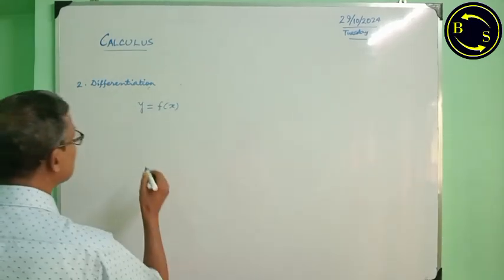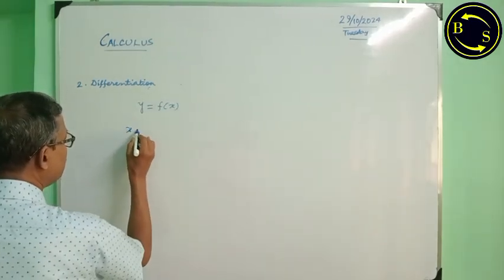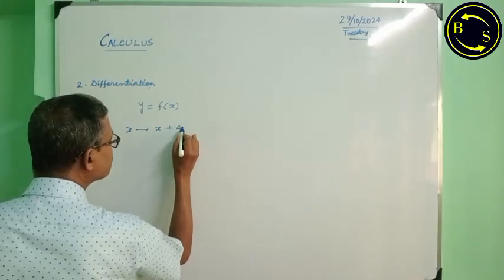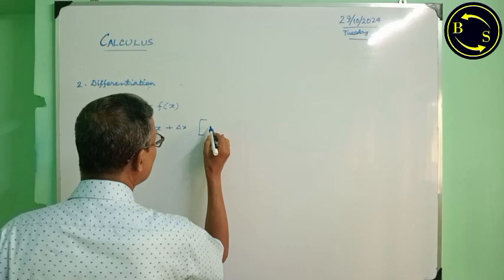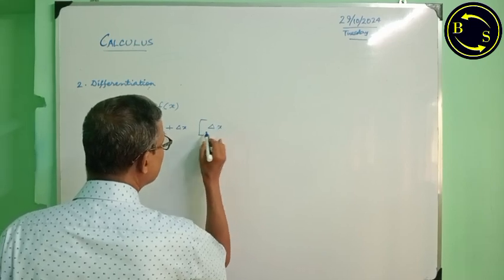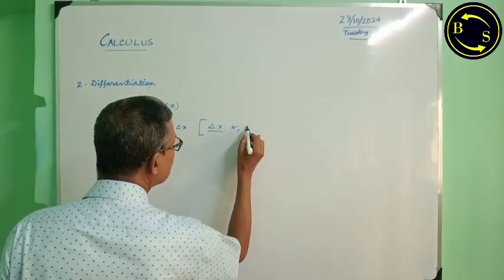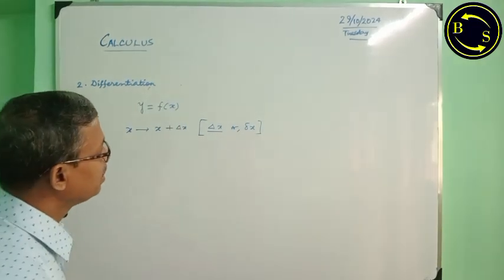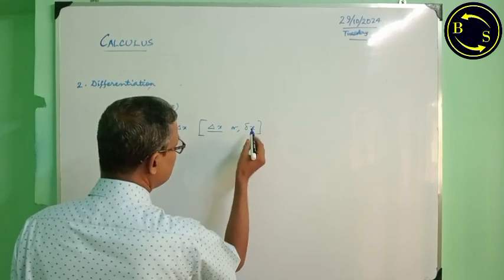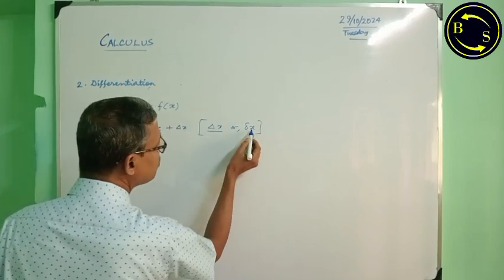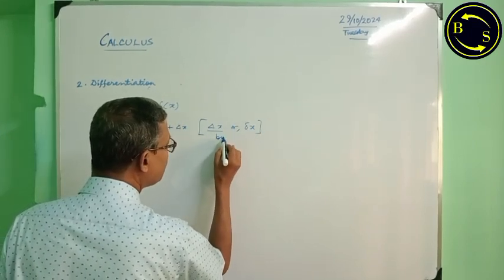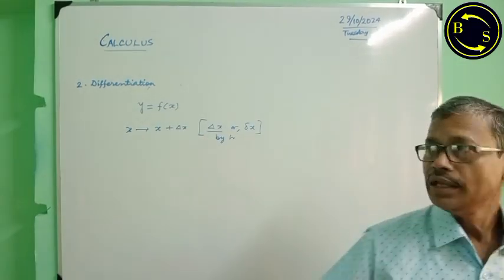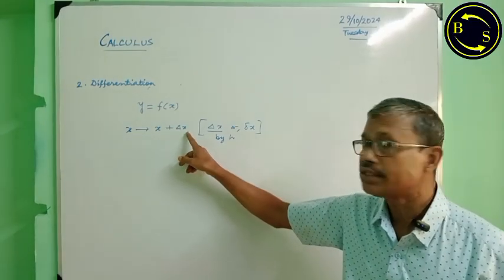and say x changes to x plus delta x, delta x written like this, and later we shall replace this delta x by h. x changes to x plus delta x.